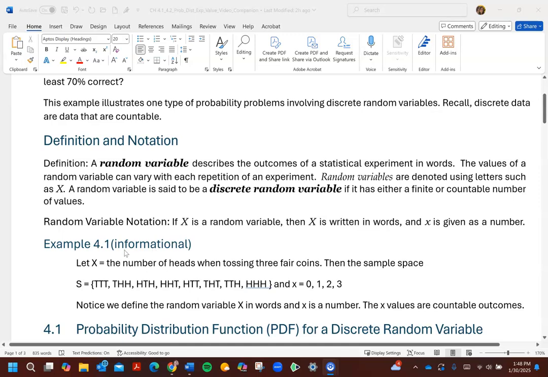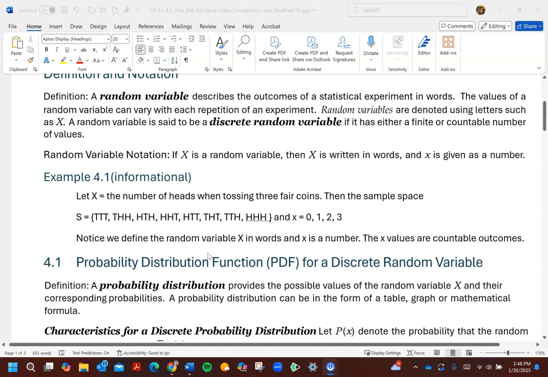Example 4.1 is just more informational than anything to do. Let X, capital X, equal the number of heads when tossing 3 fair coins. Then the sample space would be notated as the set: TTT, TTH, THT, HTT, THH, HTH, HHT, HHH. And we would notate the random variable small x as the number of heads, so we have to define that as meaning the number of heads.